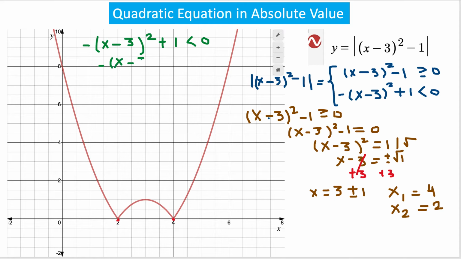X minus 3 squared is going to be, with the other term going to the other side, minus 1.